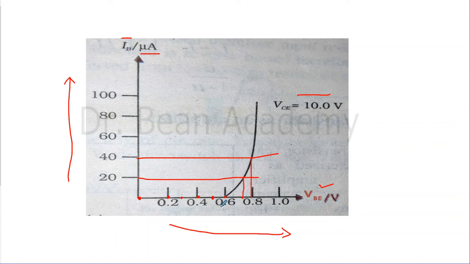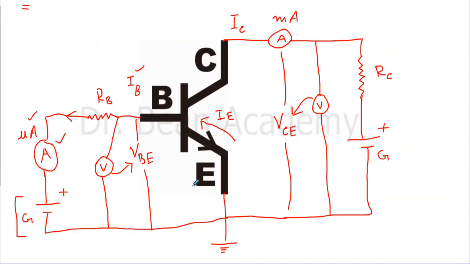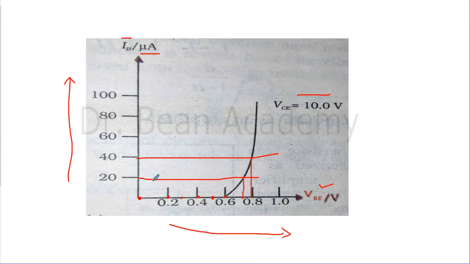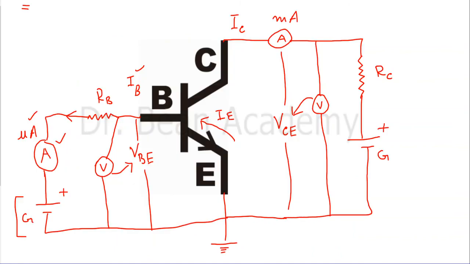After that, because now it is in forward bias mode, the current will start increasing after crossing 0.6 potential difference between B and E. So that's why you will need to change it. So we need to show an arrow here. It will show that this is a variable power supply, because you can change the voltage according to your desire.